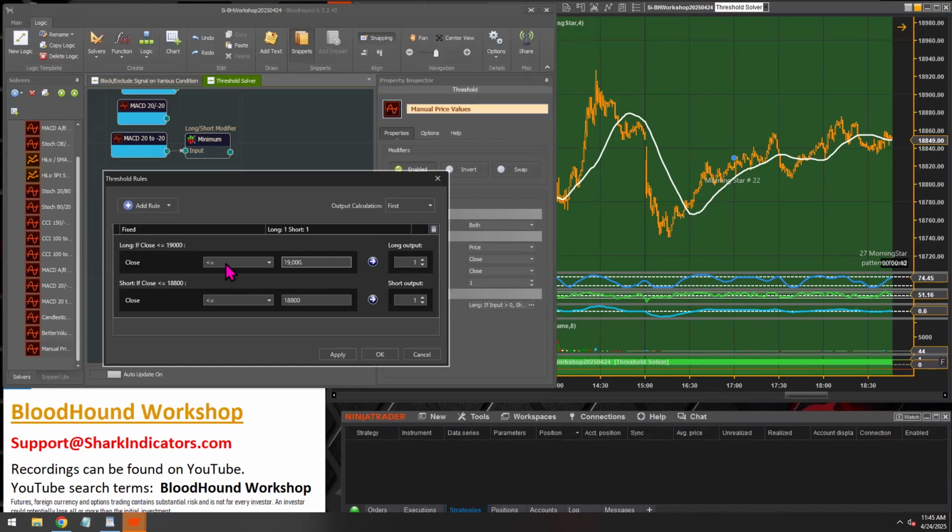So if you want to filter out your signals here and say, I only want to go long when the market is above 1900, or you only want shorts when the market is below 1800. And if the market is in the middle, then no trades.